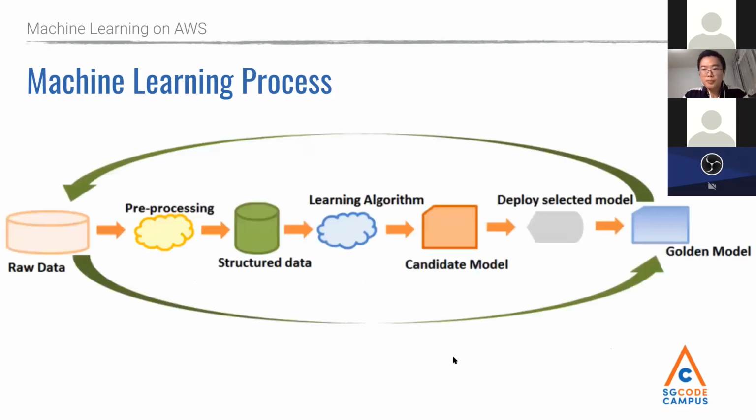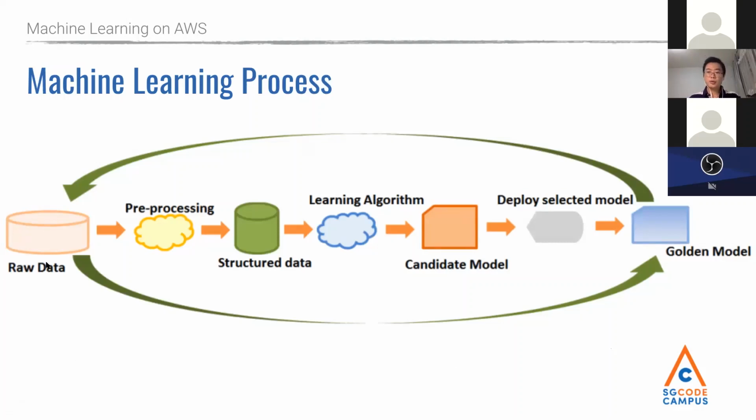After knowing the general classification for machine learning, we are going to the general process of building a machine learning model, how data scientists build a machine learning model. We start with raw data.